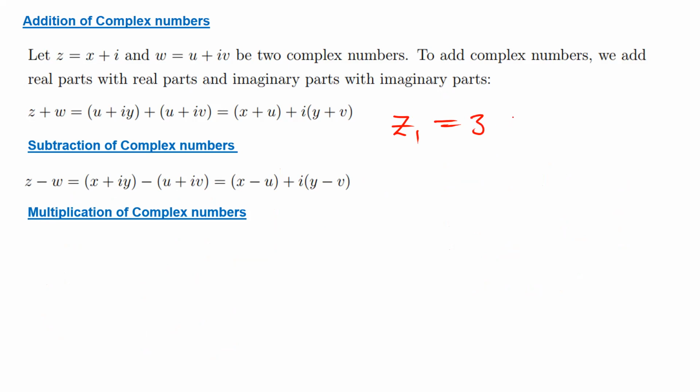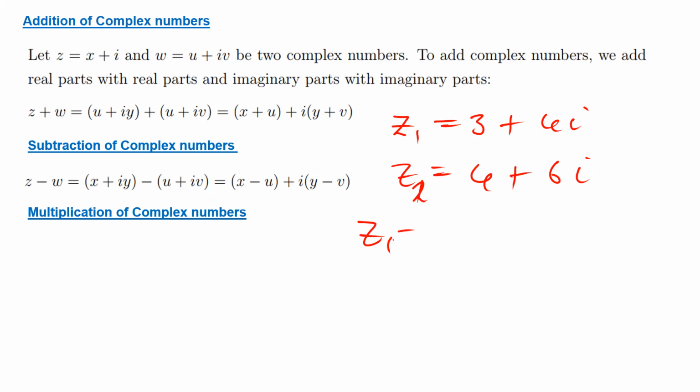I just wrote a random. Okay, let me just get other numbers. So we have 3 plus 4i, then Z2, we say maybe 4 plus 6i. So the question was, can we be asked to subtract Z2 from Z1? The answer is yes.